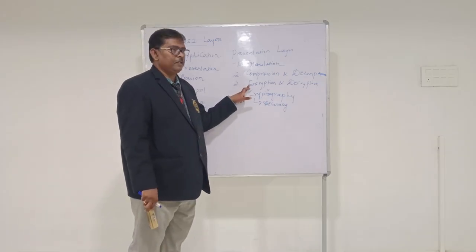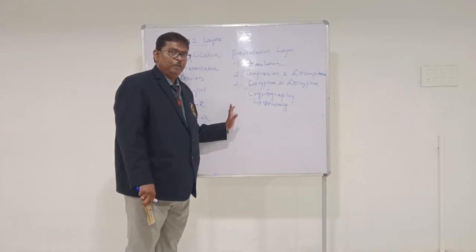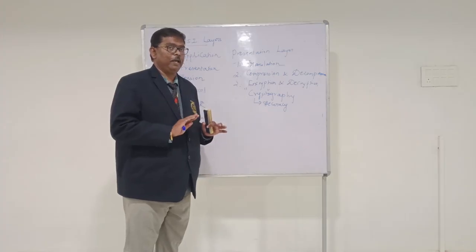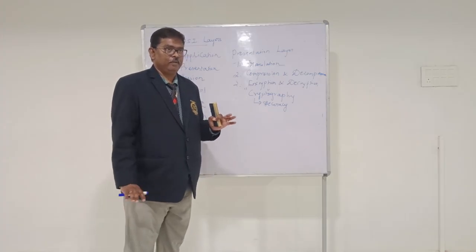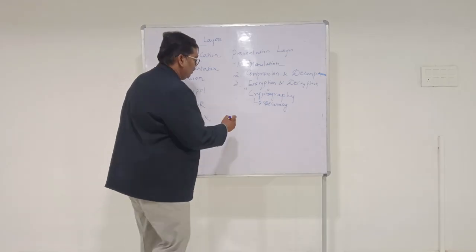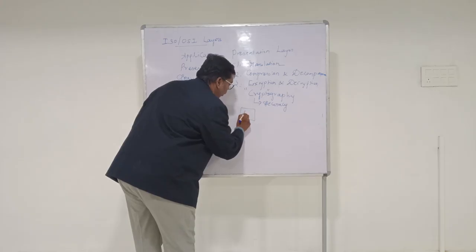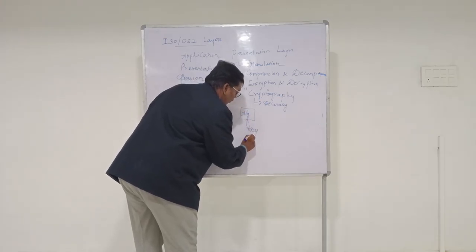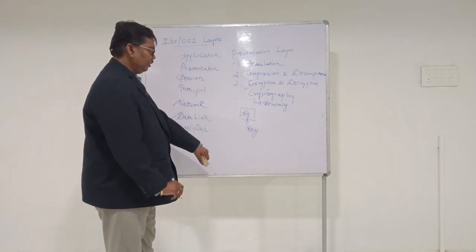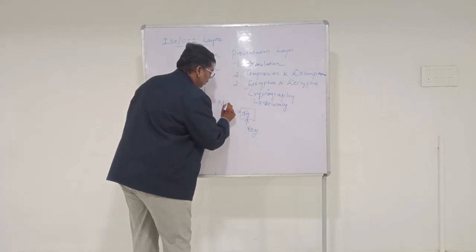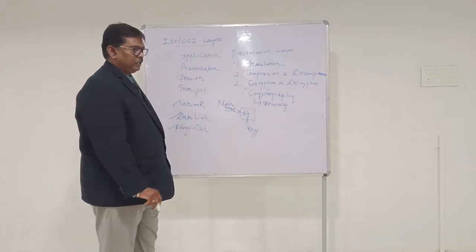In encryption and decryption, on one side I am doing encryption, that means I am scrambling the information so that only my opponent party will know it, and the rest of the persons cannot understand it. For doing this, I need an encryption algorithm. Apart from that, I need one key. My information is called plain text in cryptography language.